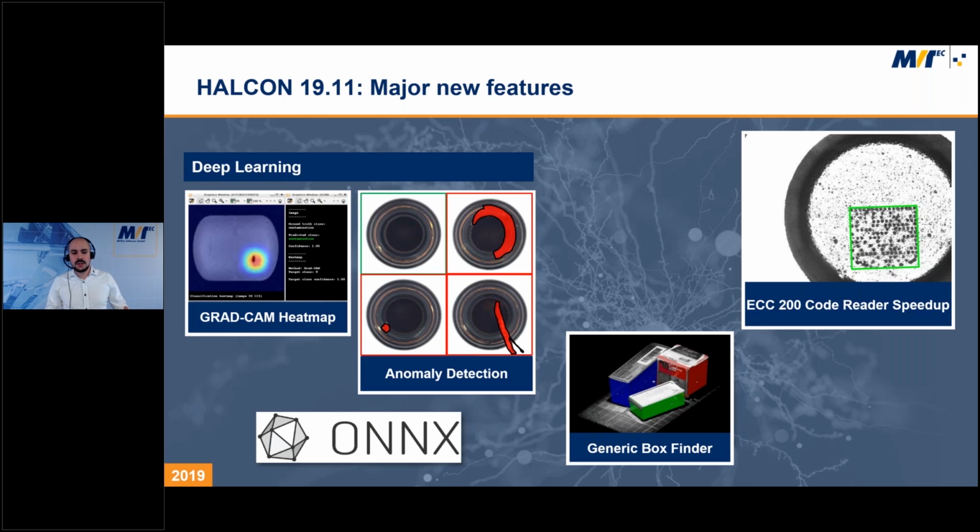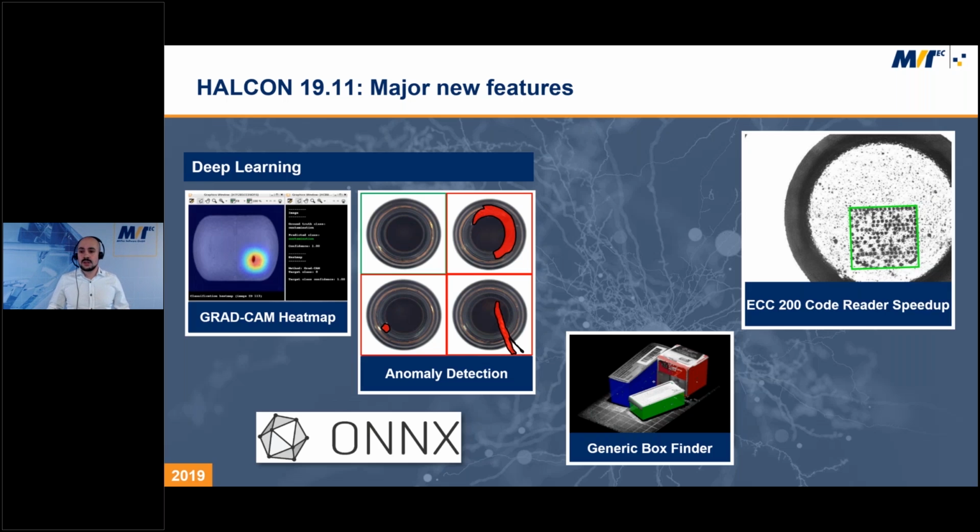Besides deep learning, another big feature is the generic box finder in our 3D technology. This generic box finder helps you to identify boxes of different sizes. You could have used our surface-based matching for this task already, but you would have needed to train some objects and you were not flexible in sizes.